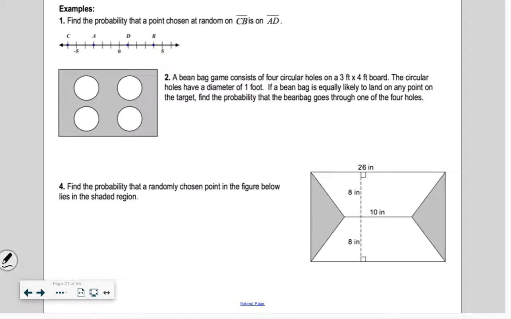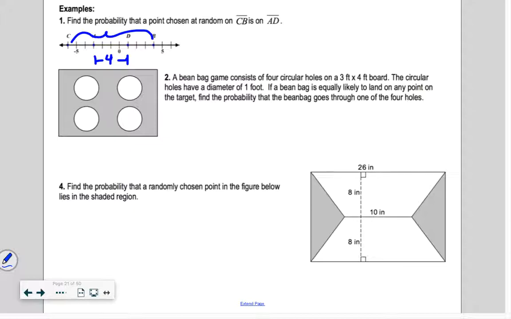So looking at this number line, it says find the probability that a point chosen at random on CB is actually on AD. So I want to find how long AD is. I'm going to do 1, 2, 3, 4 units, so it's 4 units long. And then I want to find how long CB is.